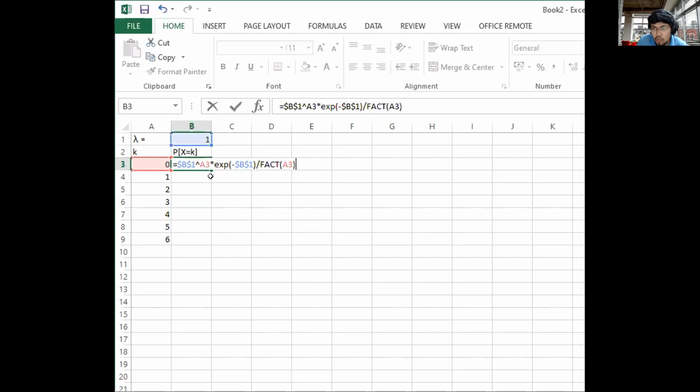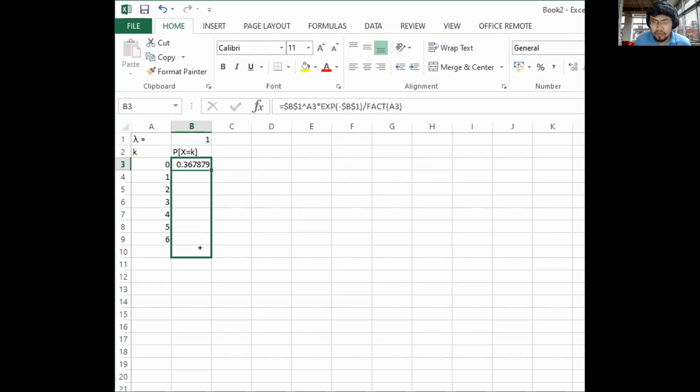The factorial of 0 is 1, right? Am I correct or not? All right, so that's the final equation, and we're just going to drag this down.